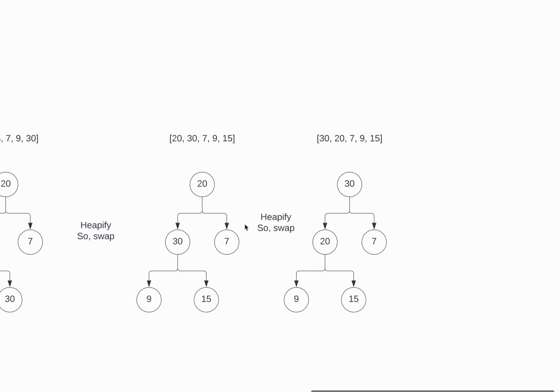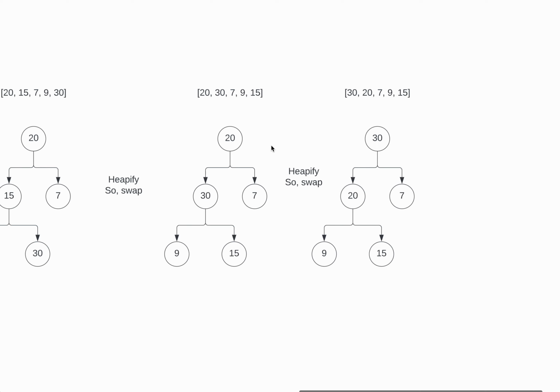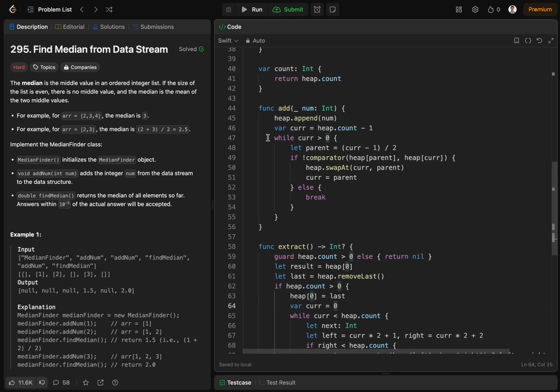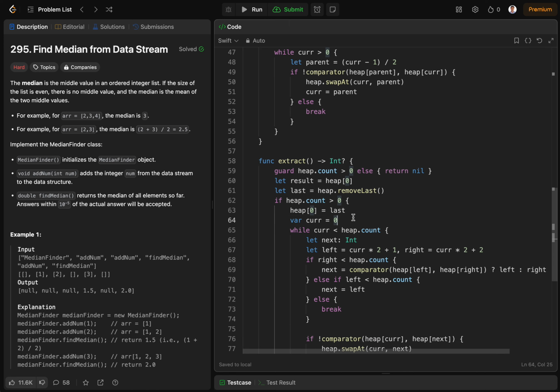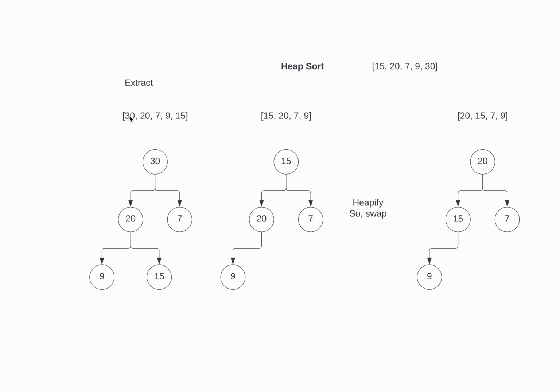Now I will talk about the extract function. This is the add function, and the extract function is almost similar to this while loop. Here in extract, the key thing is that we already have the maximum value in the first position. We delete it, and then we put the last value in the array at the top, and then we heapify again, until all the elements get sorted.